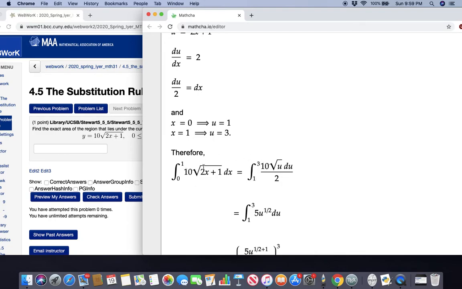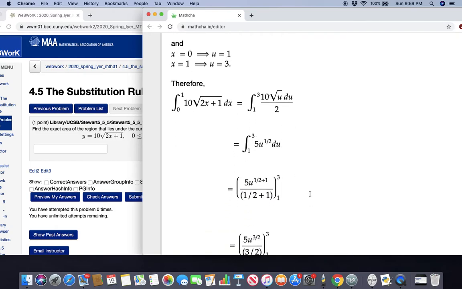10 is 10. Square root of 2x plus 1 is square root of u. And dx is du over 2. That 2 divides into 10 five times. You have the integral from 1 to 3 of 5 u to the power half du.